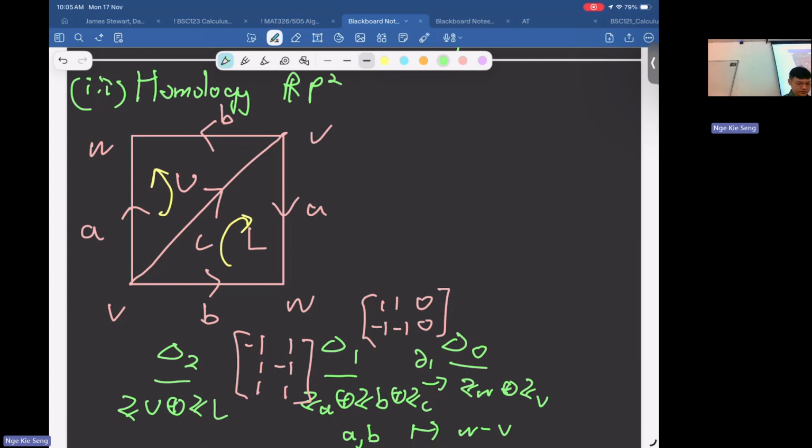Okay, so where's RP2 here? Any question?